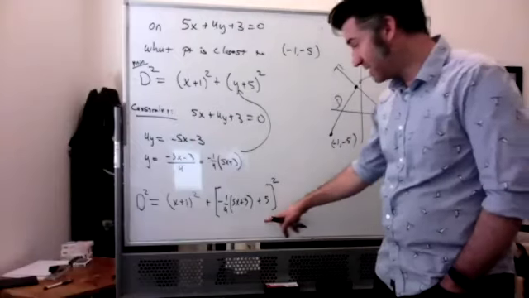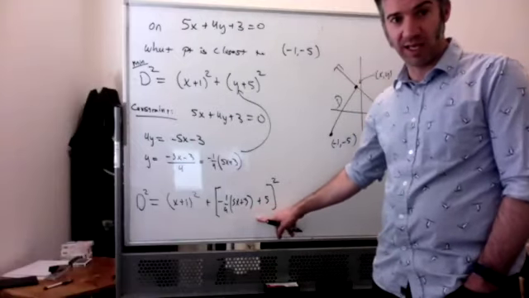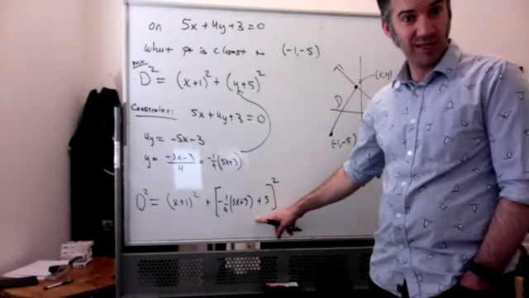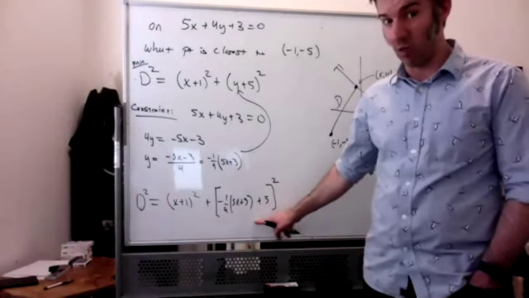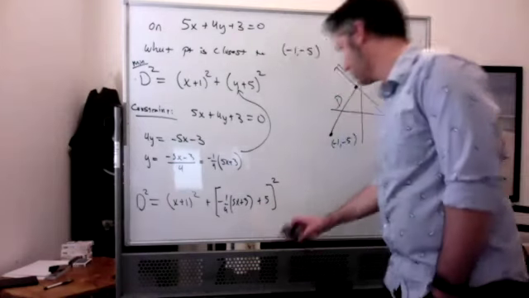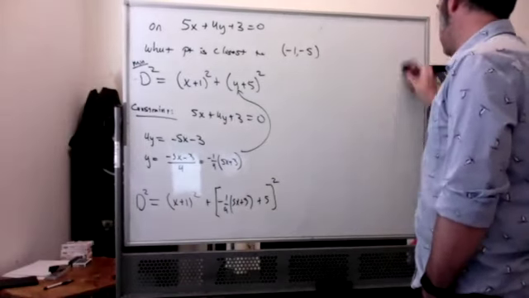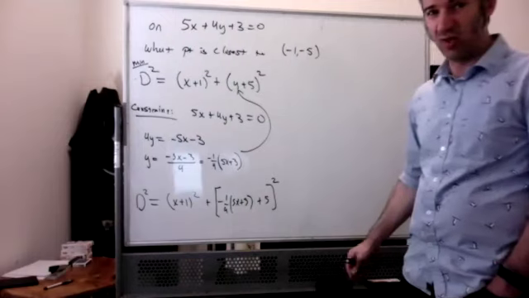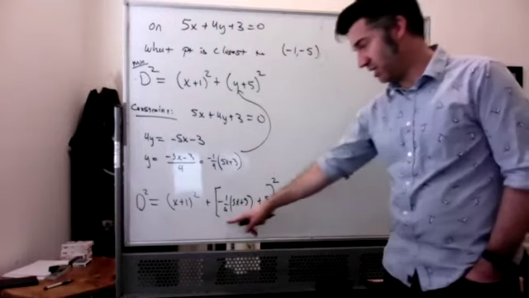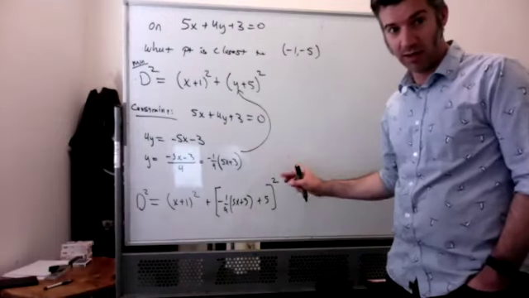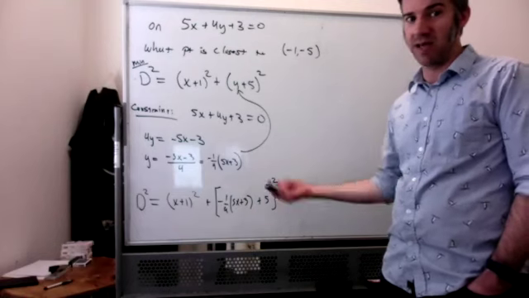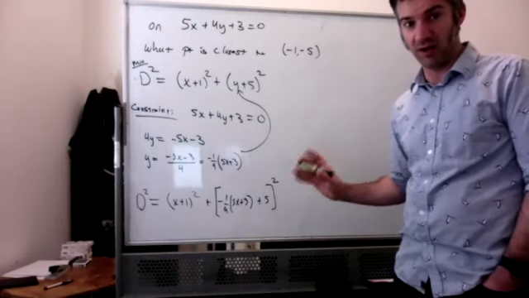While you could simplify the insides of this before taking the derivative, you don't really need to. It's probably more work than it's worth. That is usually the case when you've got a distance problem and you're taking the derivative. It's often best to not simplify the insides, to not square it out, because the derivative will make the algebra later easier if we just don't do the algebra first.